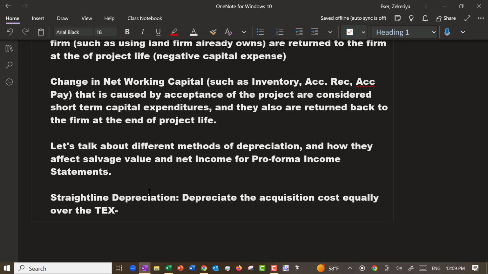Not all assets have the same tax life. A computer, for example, has a 3-year tax life. On the other hand, heavy machinery, probably 15, 20. And IRS determines what they are, and I have no idea. You just look them up.